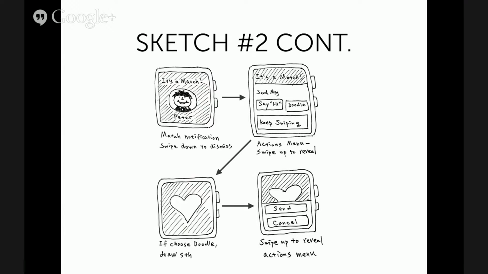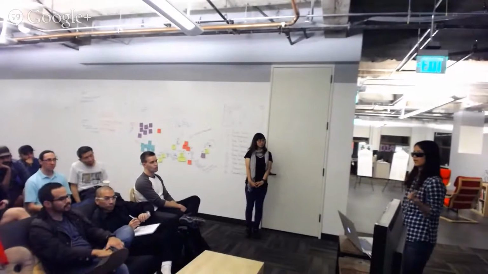But it's not like we just imagined all these gestures. Actually, on your iPhone, you already use these gestures. You swipe up on your home screen to see the action menu, and you swipe down to dismiss a panel. And although Apple Watch hasn't been released, from their introduction we already know that in Apple Watch's notification center, you can swipe down to dismiss a notification.